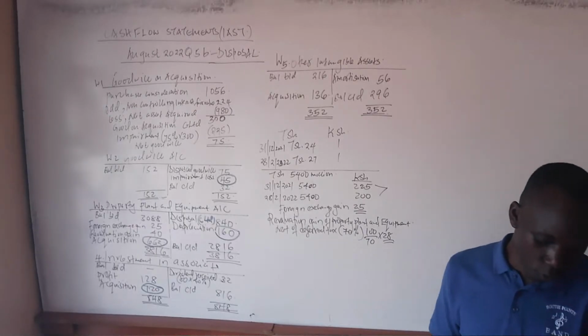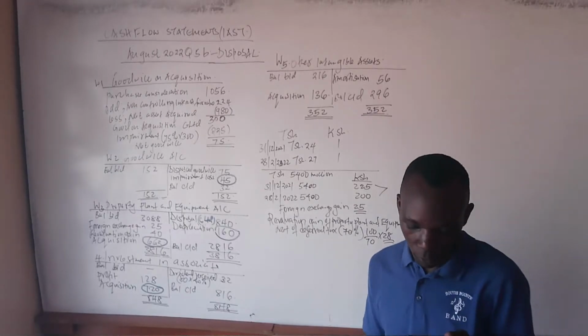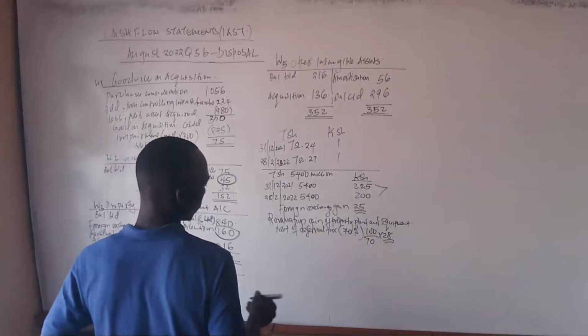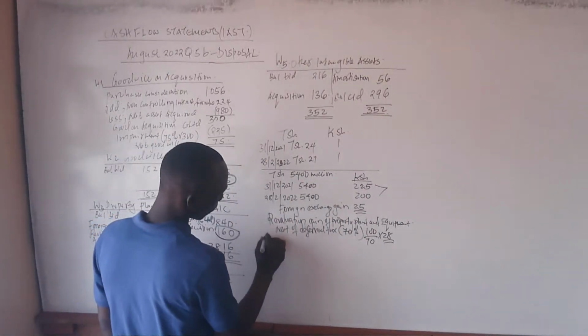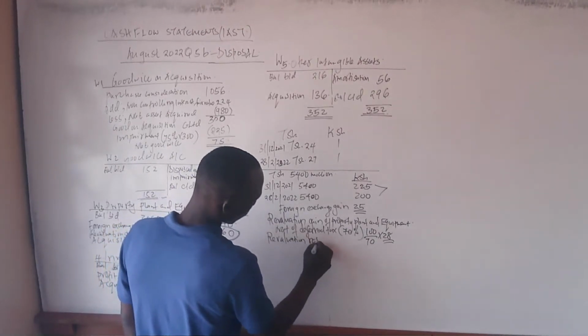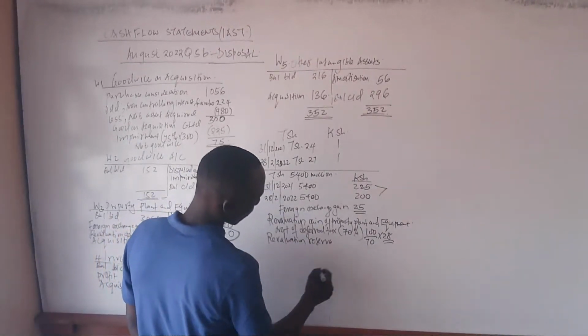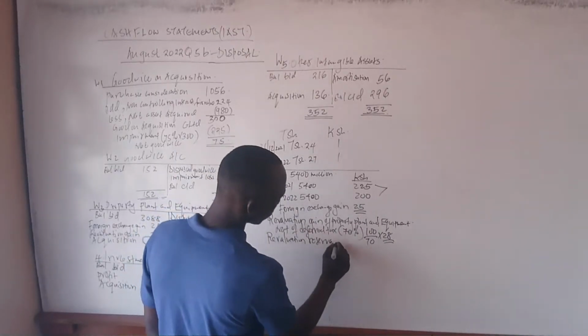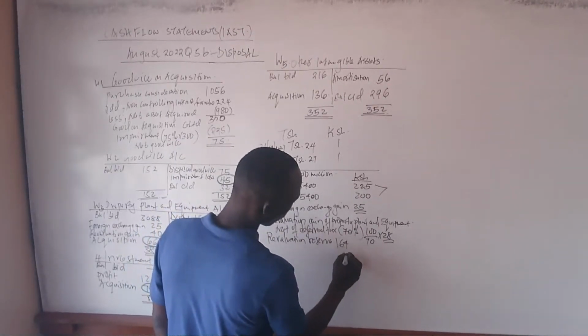Then we go to the revaluation reserve. What do we have? There's a change, and we can explain that change. For the revaluation reserve, we are going to use a narration. At the beginning, it was 164.